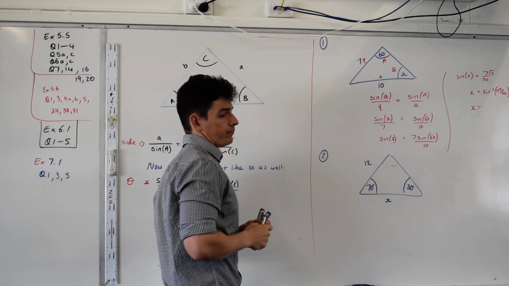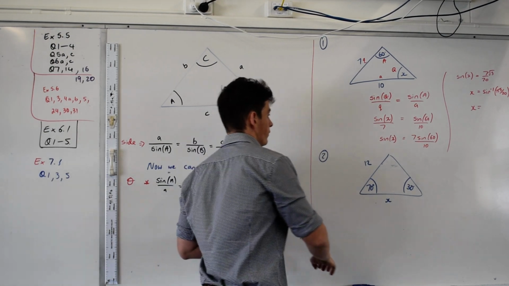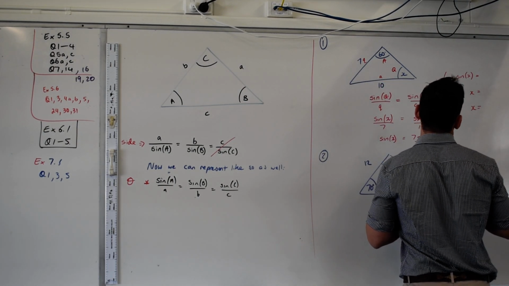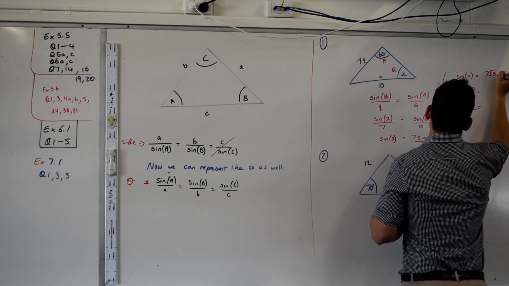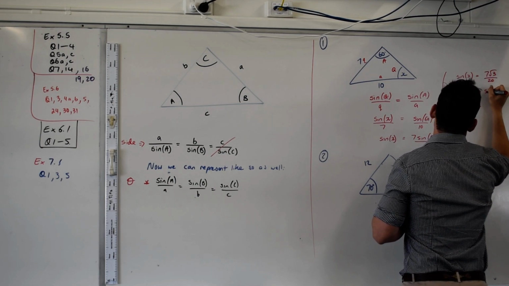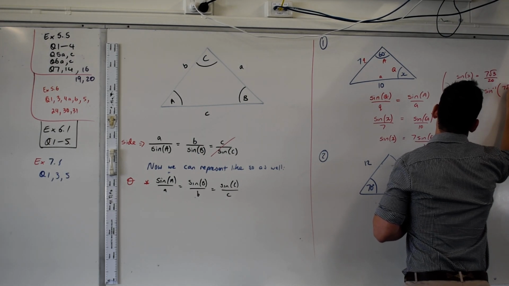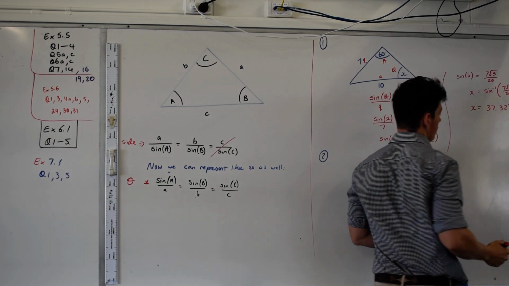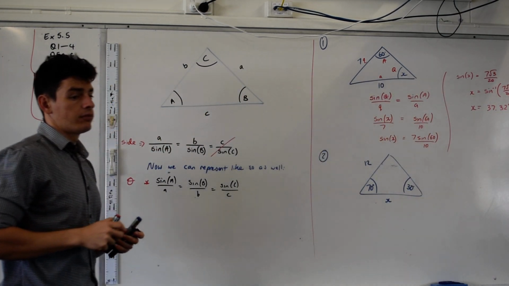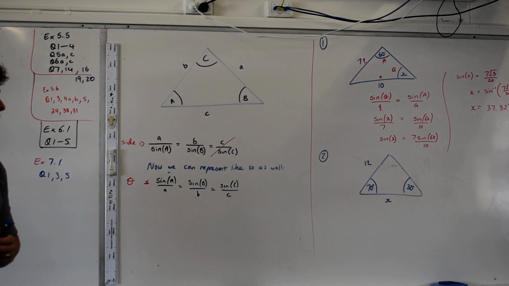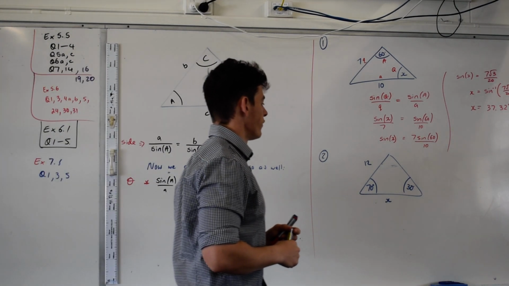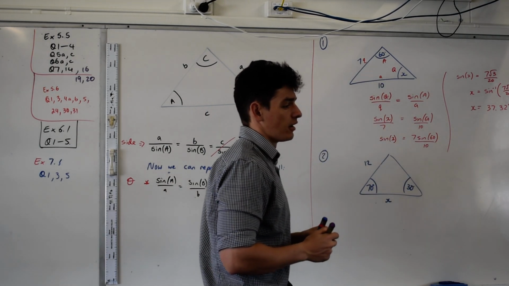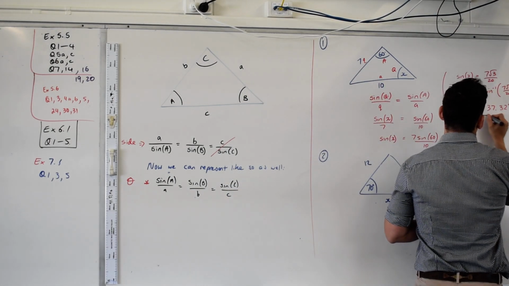And what do I get? 37.3. Cool. Happy with that. I'll talk about a few different things with that in a second, but I'm happy to just leave it there for now. So you should have got that.